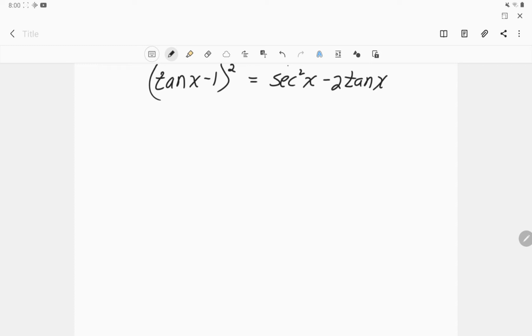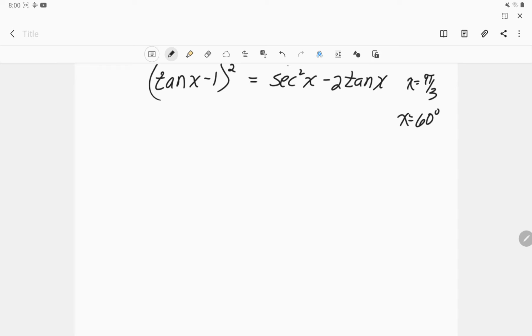All right, so first off, they want us to prove that this is true when x is pi over 3. Now, personally, again, I don't like radians, so pi over 3 would be 180 divided by 3, so that would be 60 degrees.